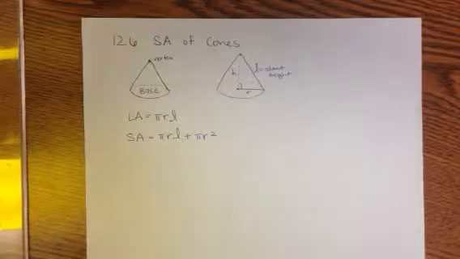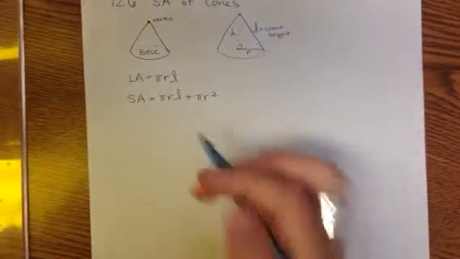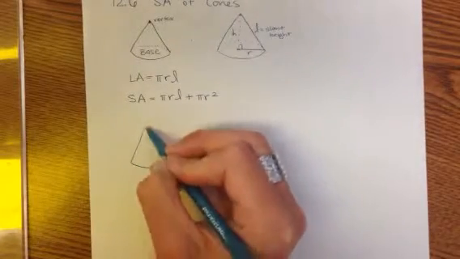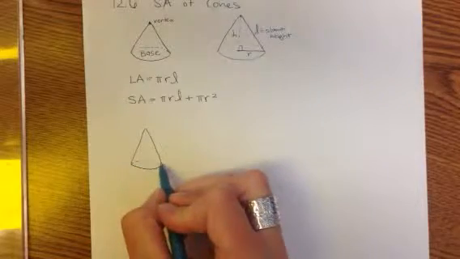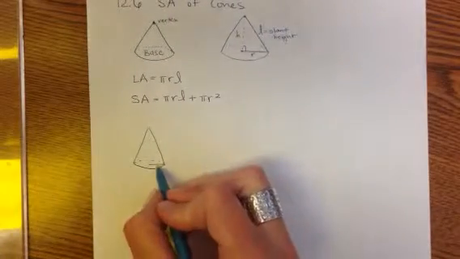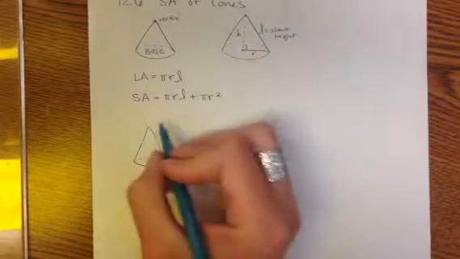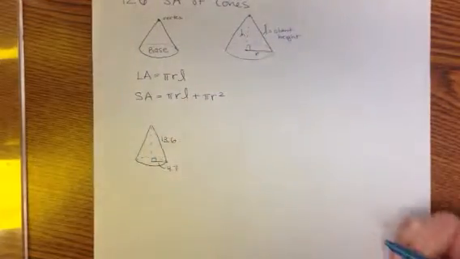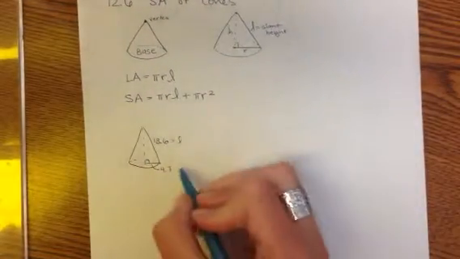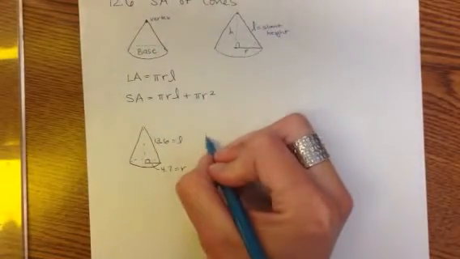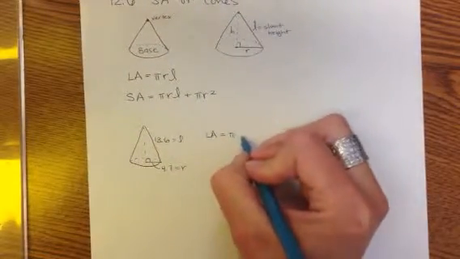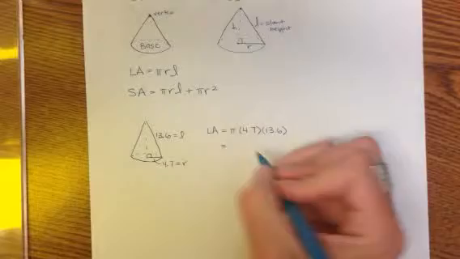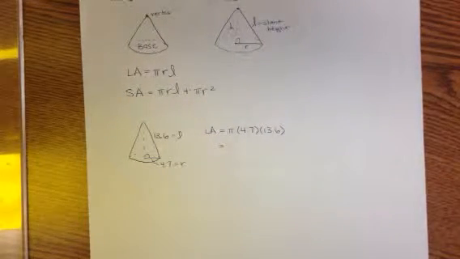Okay, so we're going to look at an example. Let's say that we are given the radius here of 4.7 and 13.6 for our slant height. Now, the picture draws the height, but for this I have just what I need for my formula. So I'm going to plug it in. I'm going to find my lateral area, which is pi times 4.7 times 13.6. And for that part, I'm going to use my calculator.